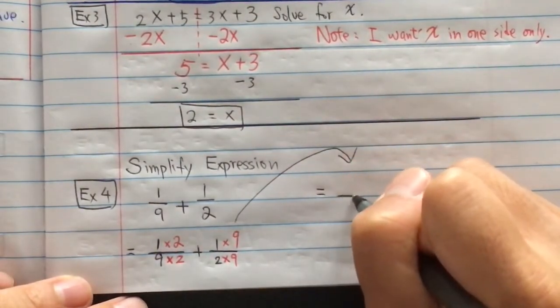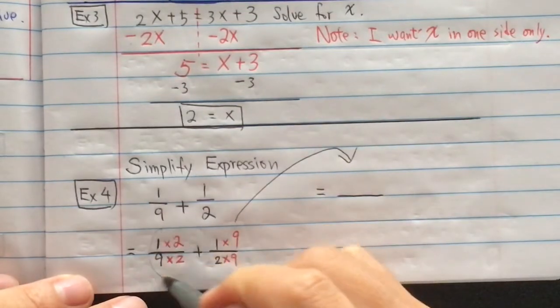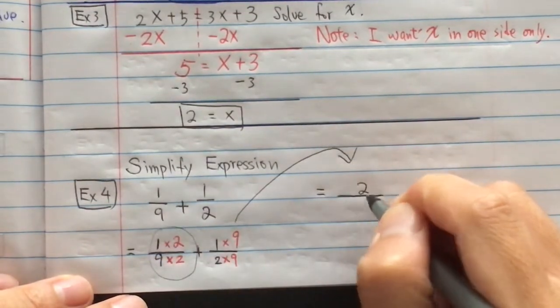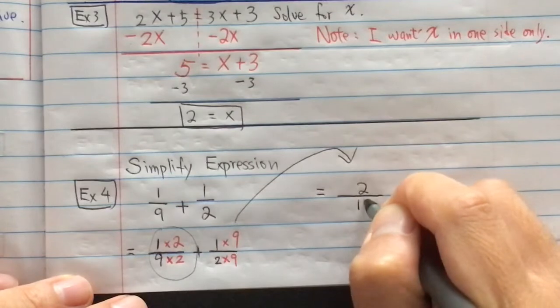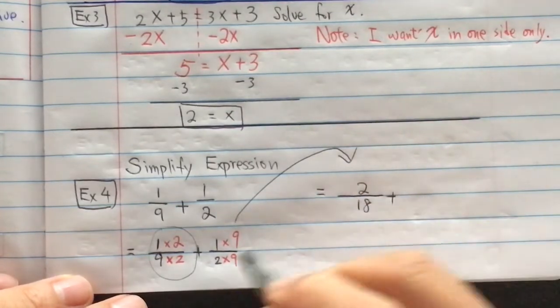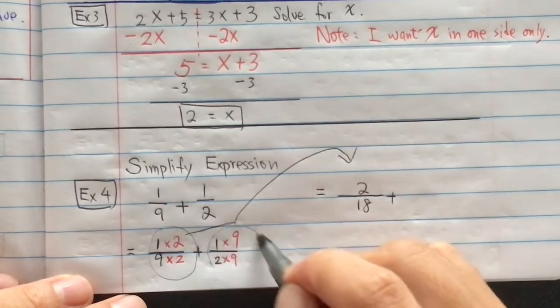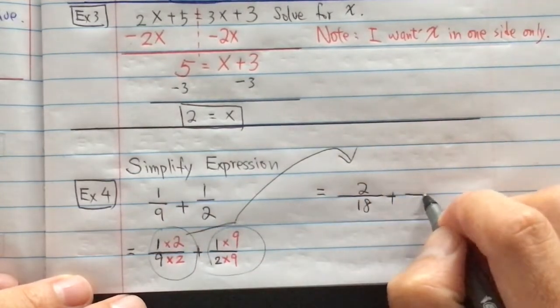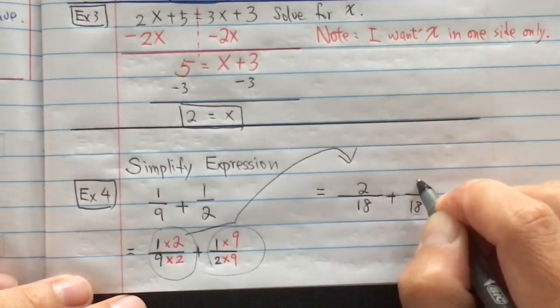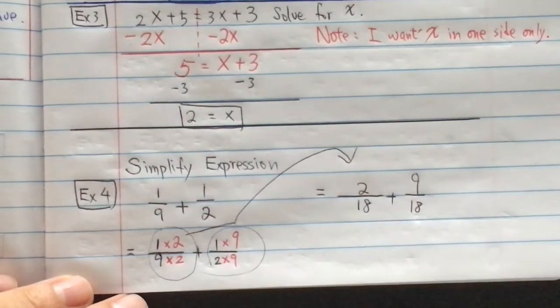So this part will become 2 over 18. And the second one will become 9 over 18, right here. So far so good?